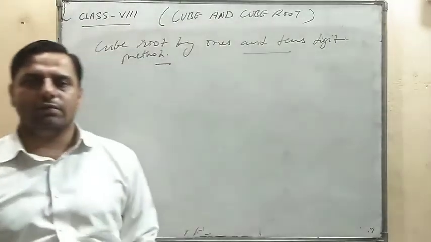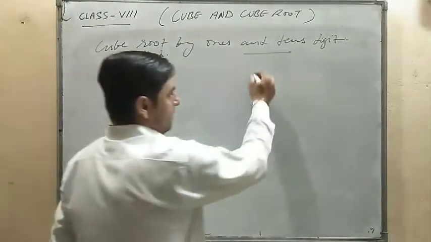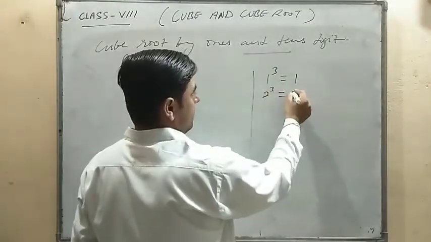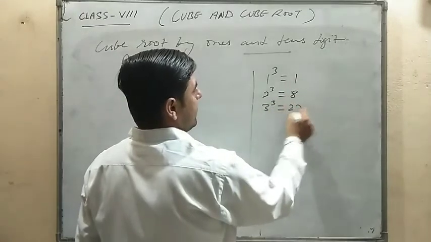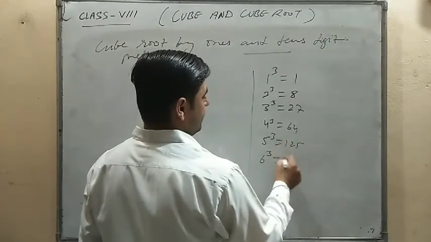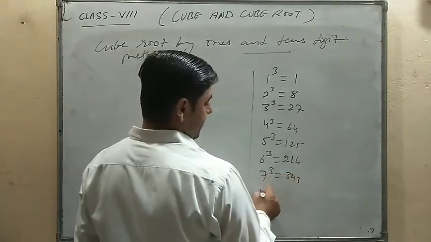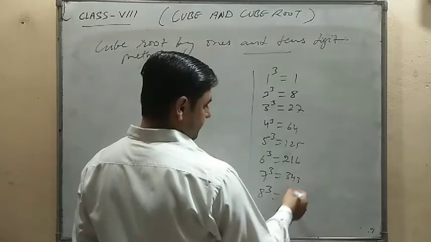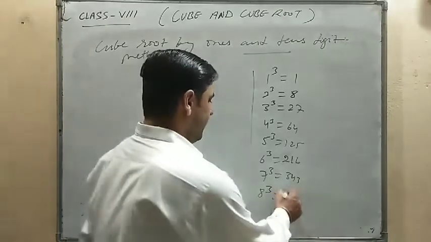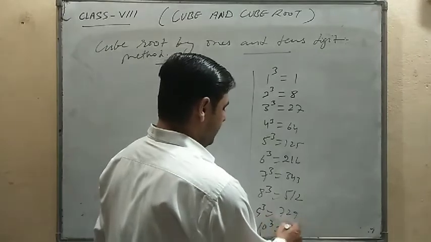In this, firstly you have to learn the cubes of the numbers, which we have already discussed. 1 cube is equal to 1, 2 cube is 8, 3 cube is 27, 4 cube is 64, 5 cube is 125, 6 cube is 216, 7 cube is 343, 8 cube is 512, 9 cube is 729, and 10 cube is equal to 1000.